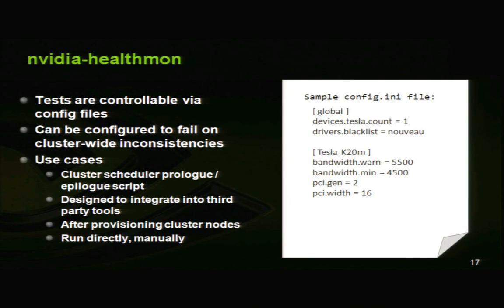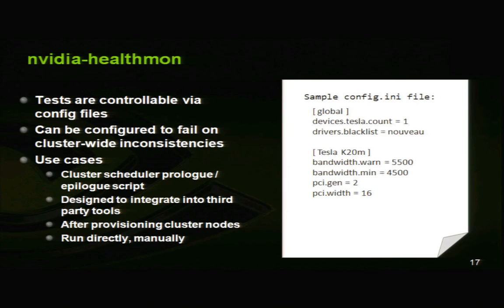The nvidia-healthmon is controllable via a config file. It can be configured, and here you see a sample config.ini file. You have a global section here and a section for dedicated GPUs. Bandwidth max or bandwidth min gives you a warning or an error message when this bandwidth is not reached.